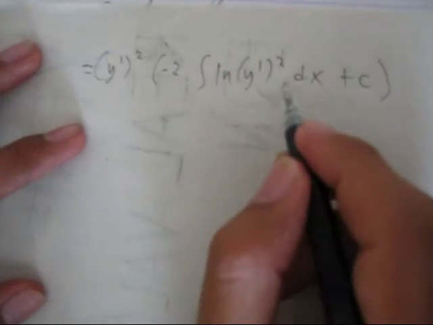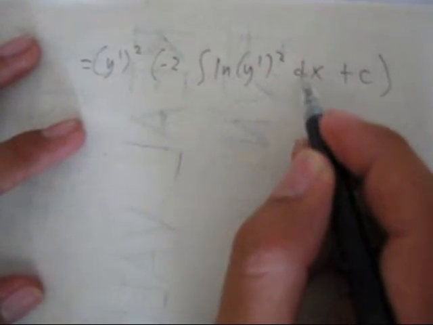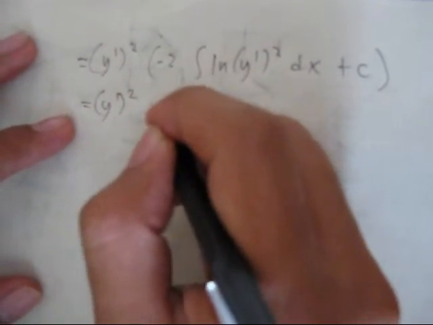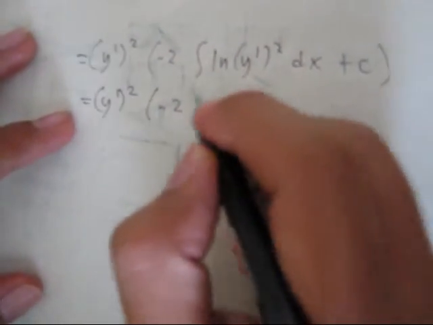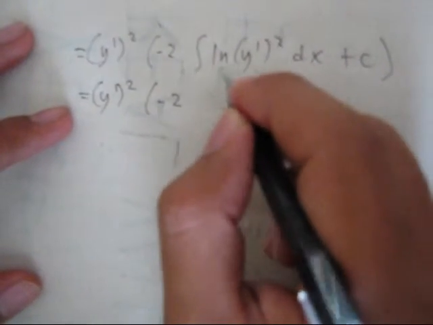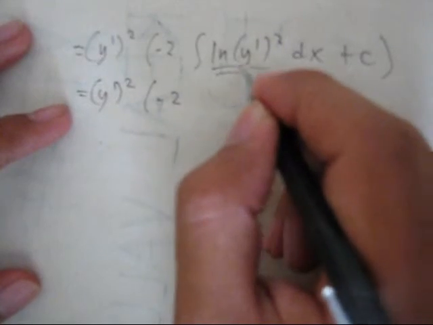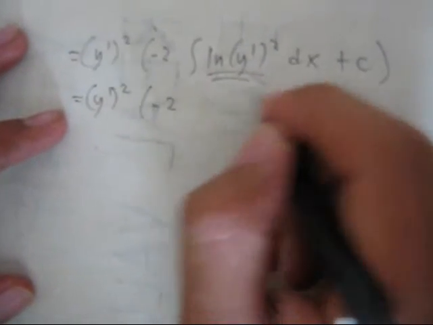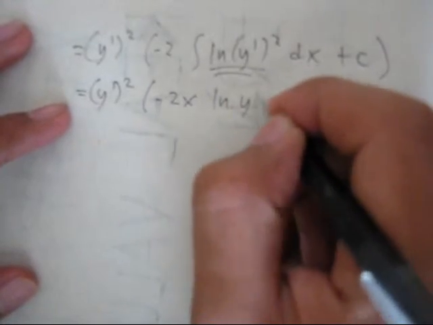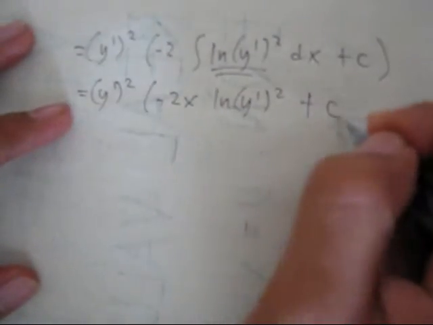And when you integrate this, it is just y prime squared times negative 2, then the x, since you can only factor it out since this is x, so x ln of y prime squared plus c.